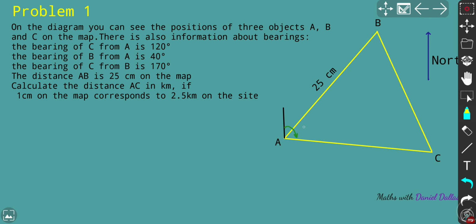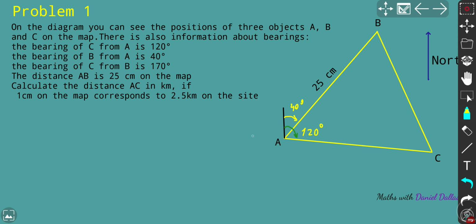I just write this is 120 degrees, the green one. And we also have the bearings B from A. So B from A, the same north direction, and we measure clockwise 40 degrees. So here is 40 degrees over there.